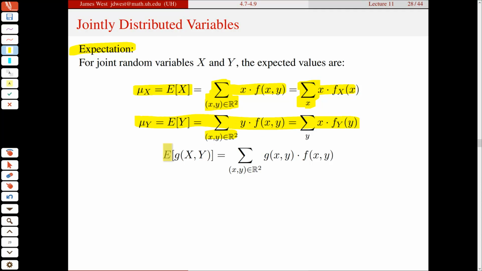The expectation of a function of x and y is the sum over all values of x and y of g of xy times f of xy. So for example, the expected value of xy squared would be equal to the sum over all x and y, xy squared f of xy.